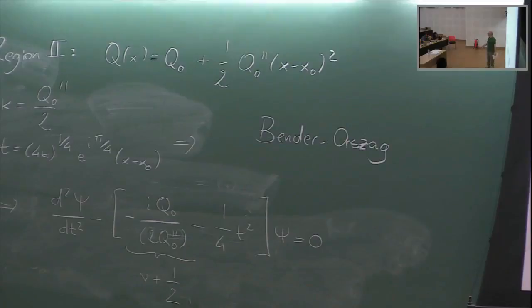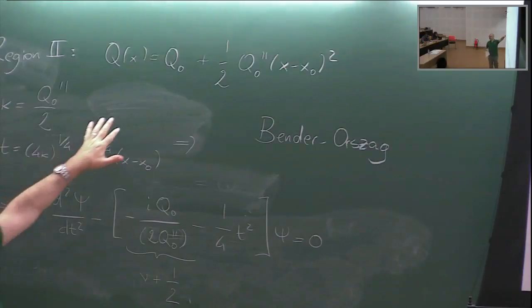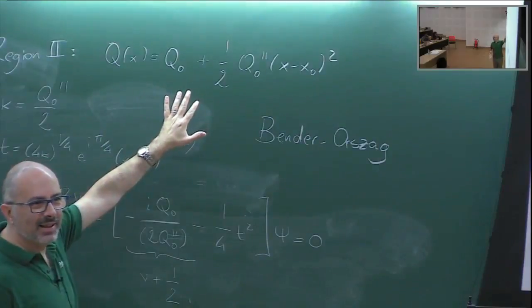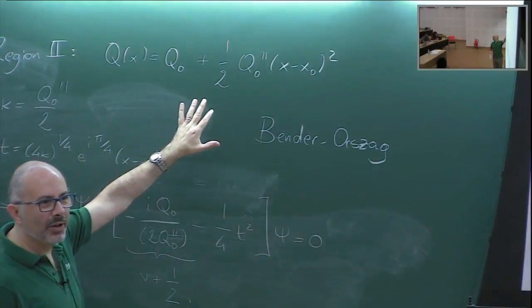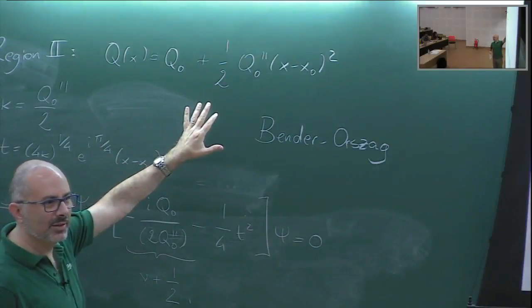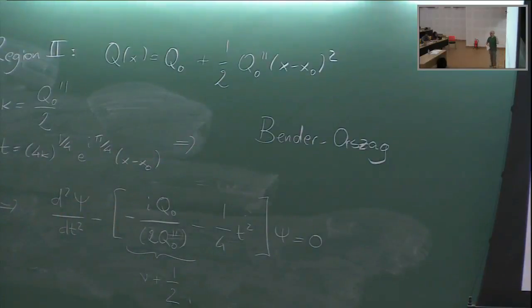Why are they related to the Hermite polynomials? Well, that's pretty easy to understand, because if you remember your quantum mechanics again, Hermite polynomials pop up when you deal with the problem of the harmonic oscillator in quantum mechanics. And what we're doing here is basically taking the harmonic oscillator approximation around the maximum of the potential.